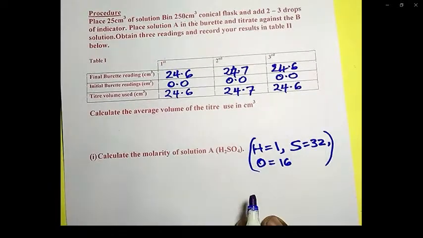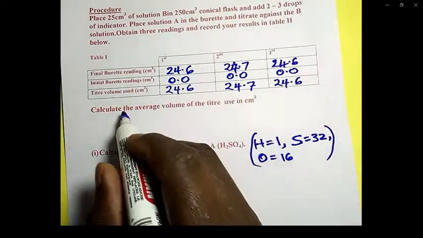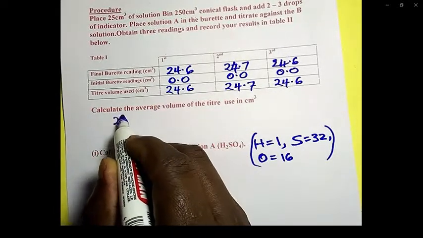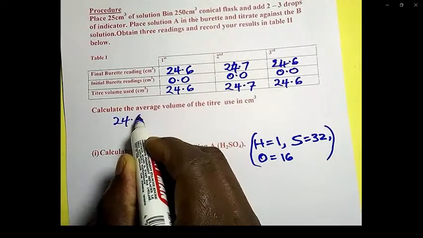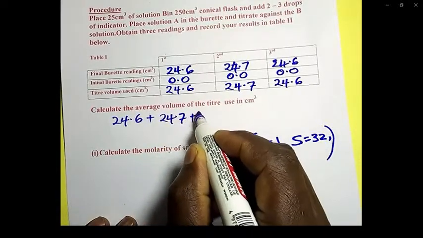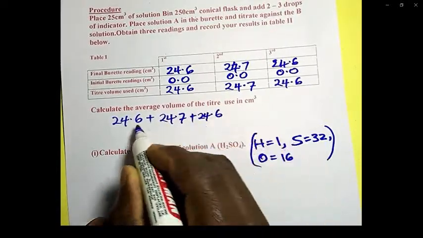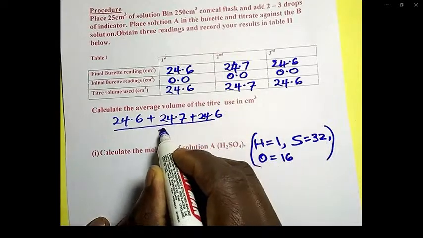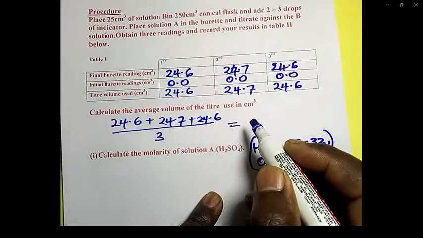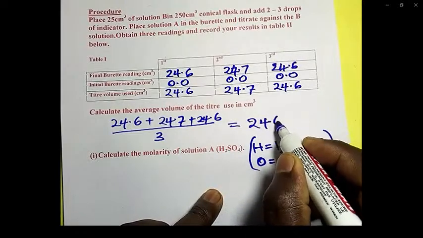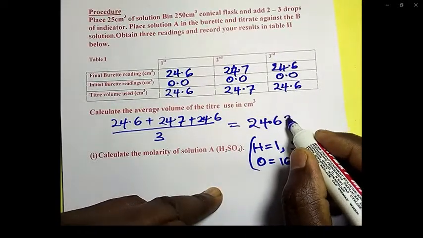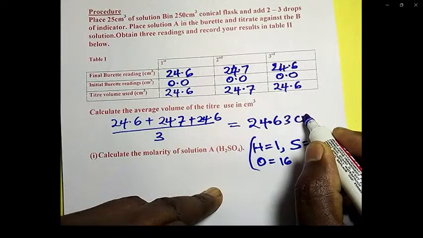Calculate the average. Let us do the average of everything there. We have 24.6 plus 24.7 plus 24.6 divided by 3. This one gives you 24.63 centimeters cube.